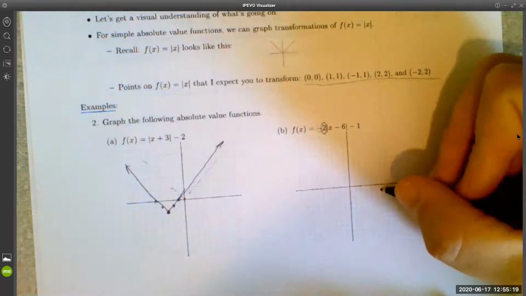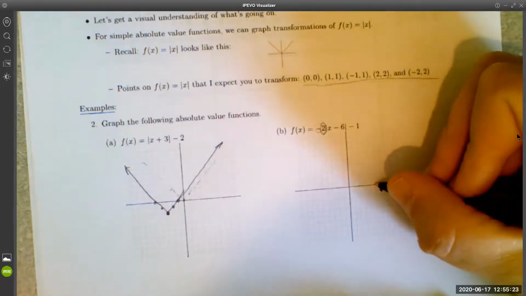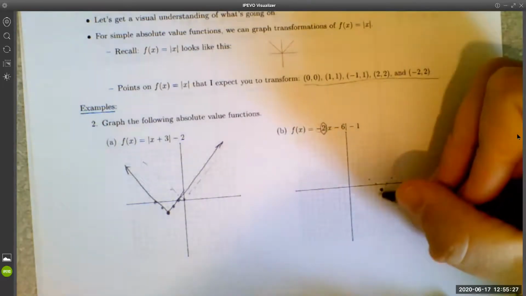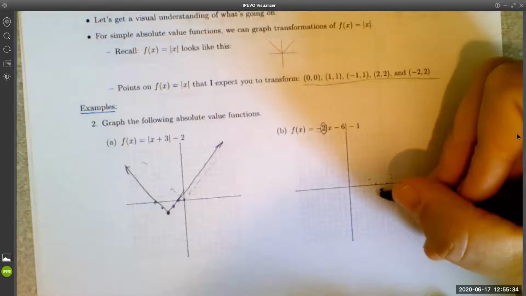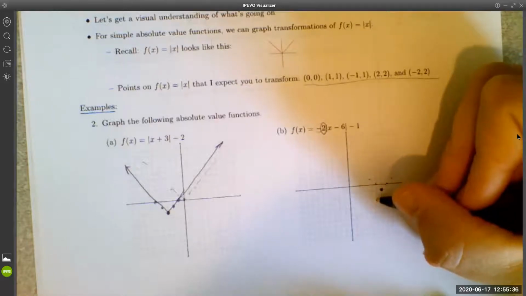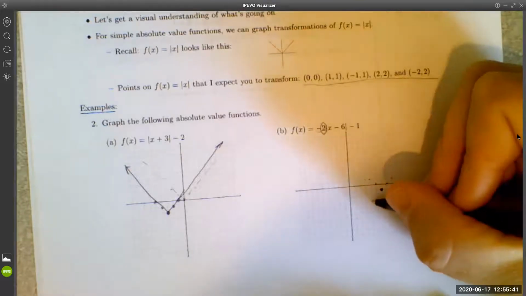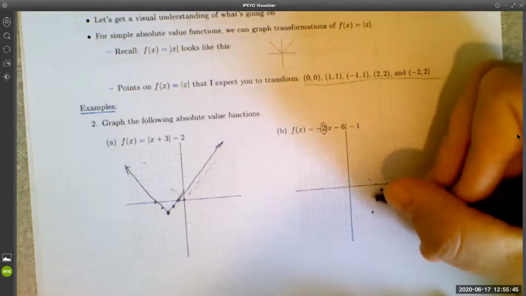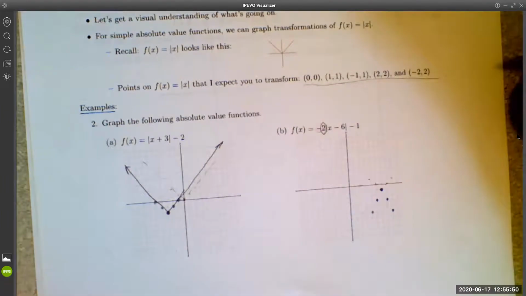So instead of going over 1, down 1, I'm going to go over 1, down 2, right, to get to the next point. And then from there, I'm going to go over 1, down 2 more. Or if you like, from the vertex, you're going to go over 2, down 4, right?